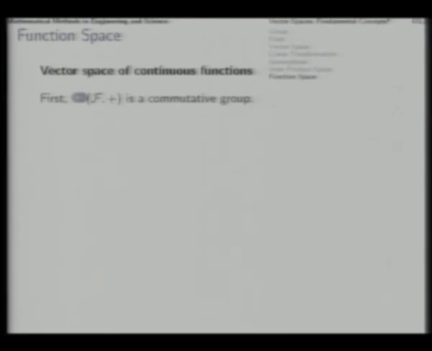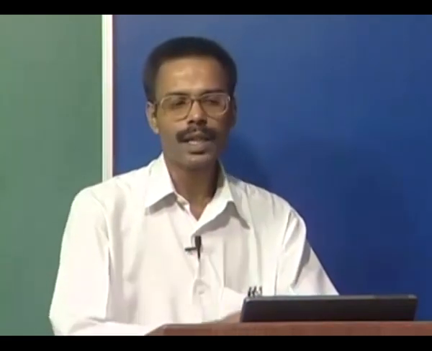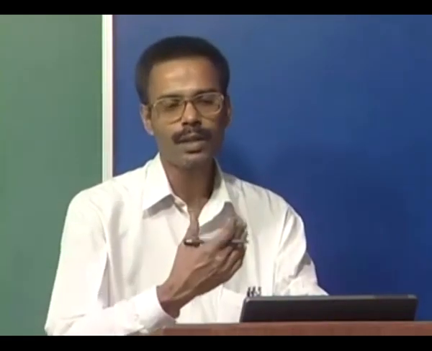And you can verify that it is an infinite dimensional vector space if you just check whether this forms a commutative group and whether the vector space conditions are met. That is a basic verification with the definitions of group and vector space, which it is interesting to conduct once.